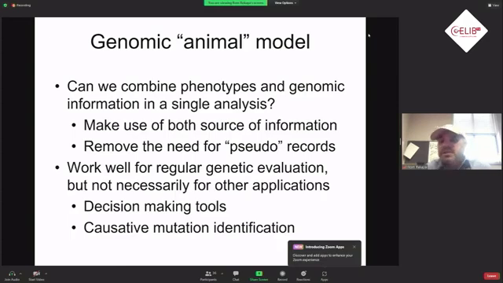The only difference is that now, rather than using the additive relationship matrix for every animal, for some animals we will be using the genomic relationship, and for the animals that are not genotyped, we're going to keep using the additive relationship matrix. That creates a little bit of complexity in how you combine those two pieces of information.